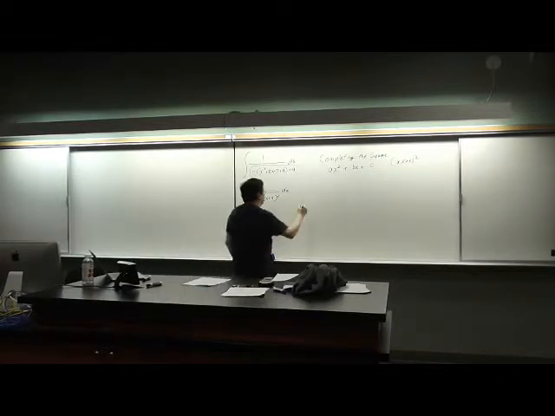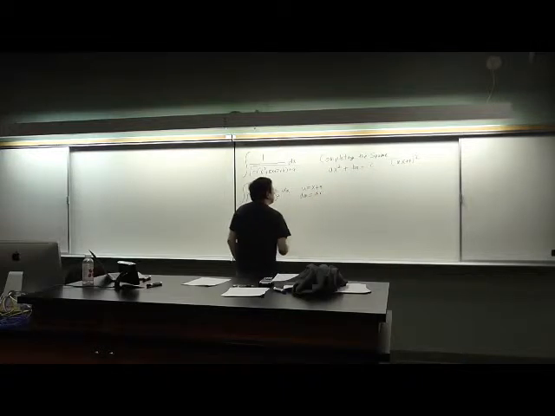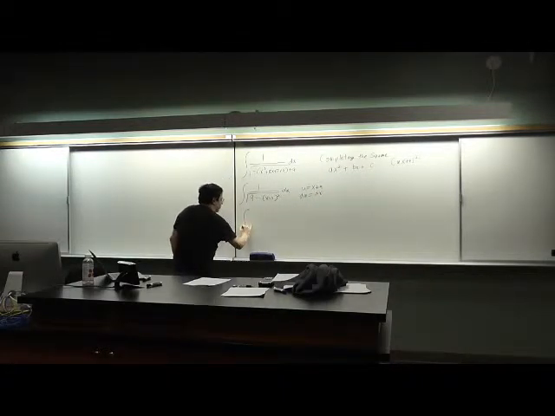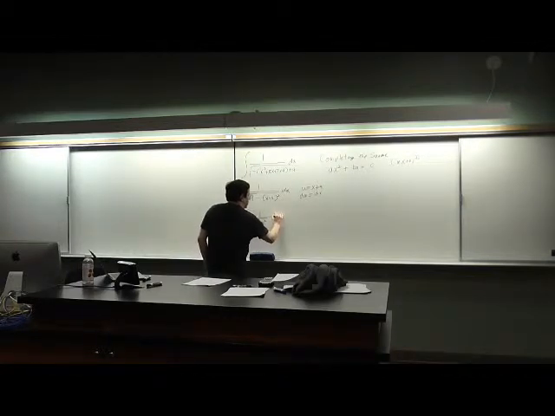So let's start off with the obvious u equals x plus 4. So du equals dx. So this becomes 1 over the square root of 9 minus u squared du.